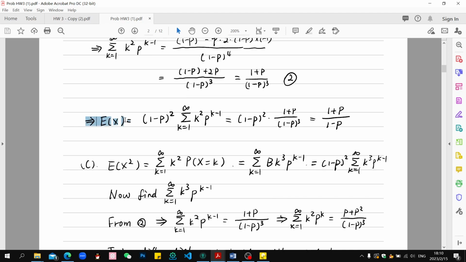And we can find the expectation for x to be (1 minus p) squared times this very sum, and then simplify to be (1 plus p) over (1 minus p).